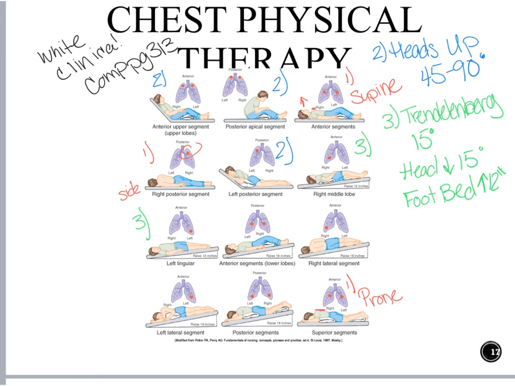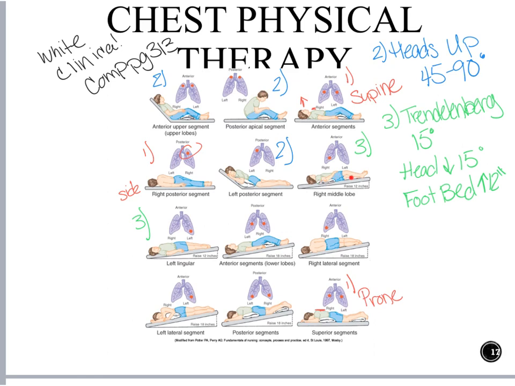And depending on what side the patient is laying on, it's going to drain different areas of the lungs. So it will drain the lingular, lateral, and medial segments. It helps manage hypotension because you have the foot of the bed raised. So it's going to help shunt that blood back to the core.